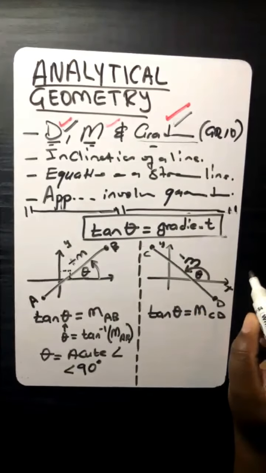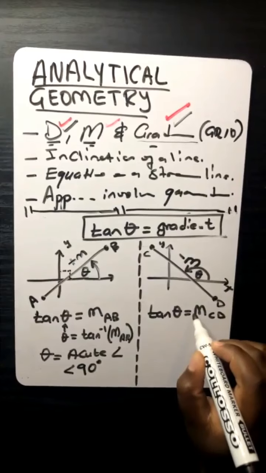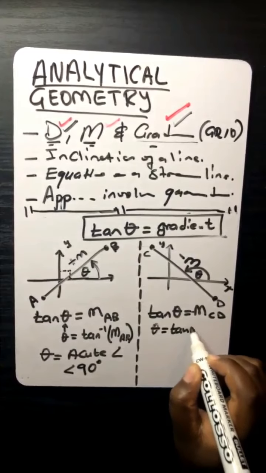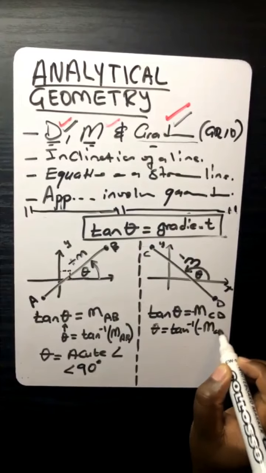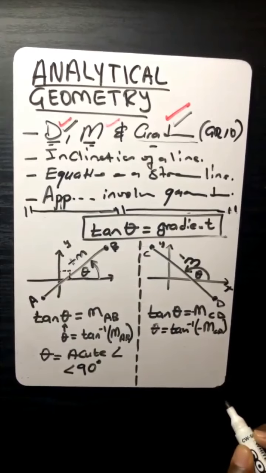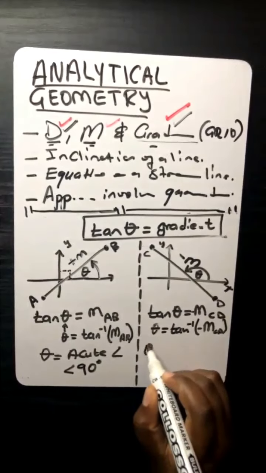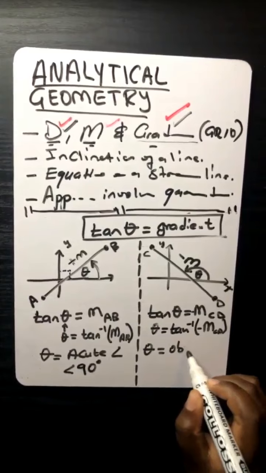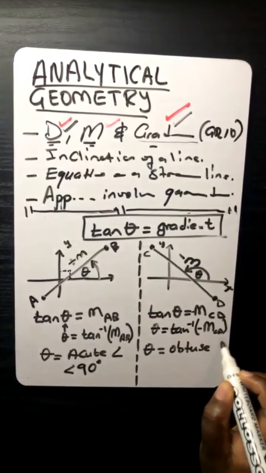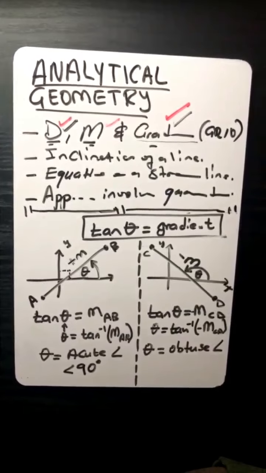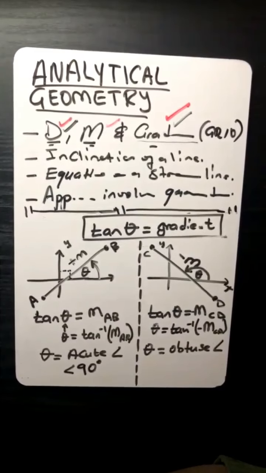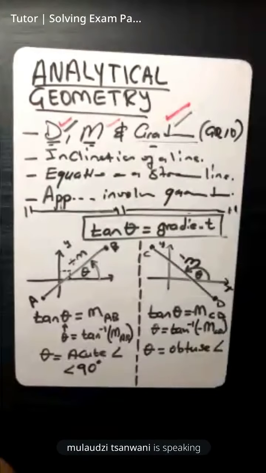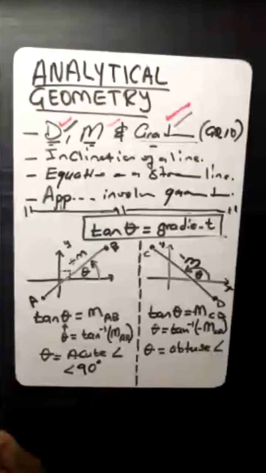Because you know you are going to have a negative gradient, when you calculate the second function of the negative gradient between the 2 points, the angle that you are going to find is going to be an obtuse angle. Guys, what do you know about an obtuse angle? It is an angle which is less than 180 but greater than 90. Did you hear that, guys?